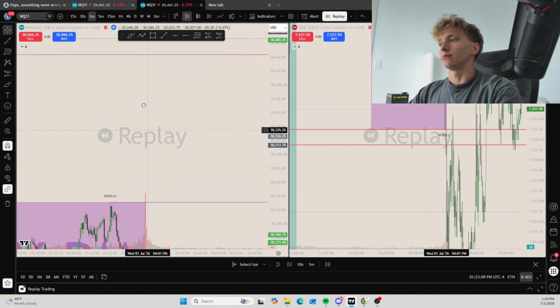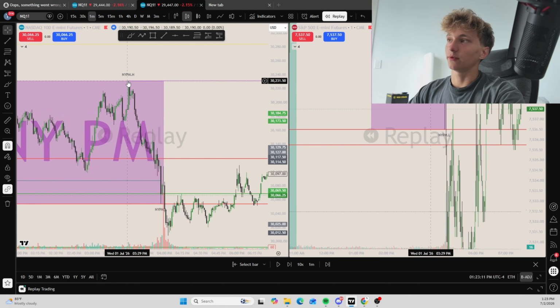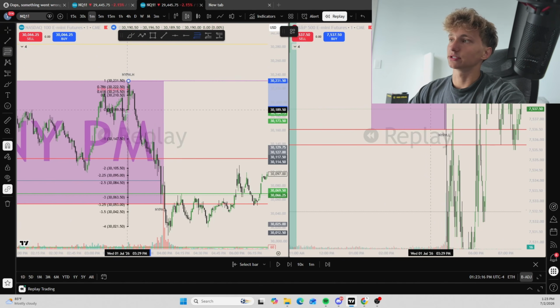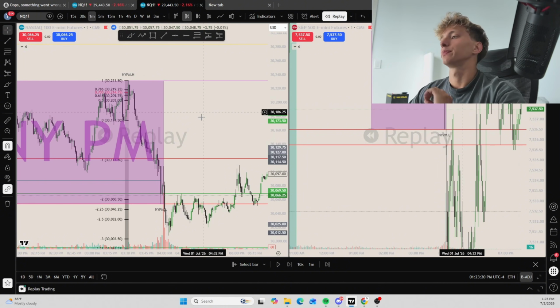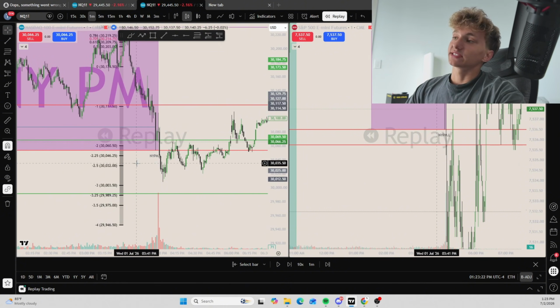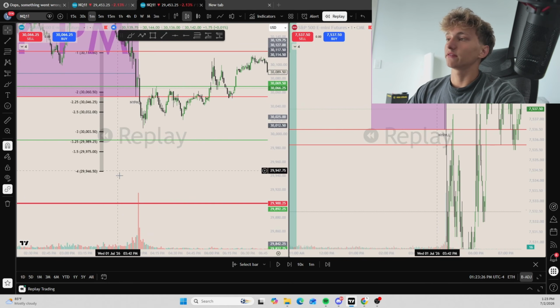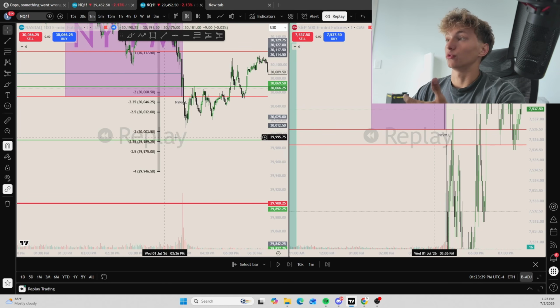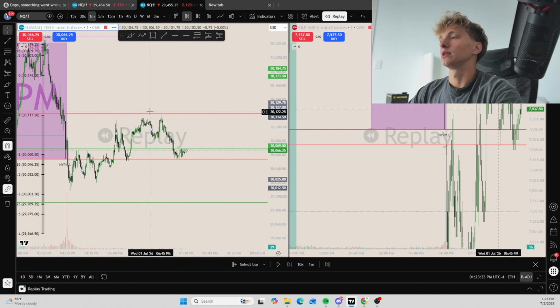Because we take a look up here, we can see that we've got that exact move, and we are going to take it from this high down until this body candle low. Just like so. This ends up giving us -2.5, which is below New York PM, and it ends up giving us -4, which is below this entire low from this pullback.